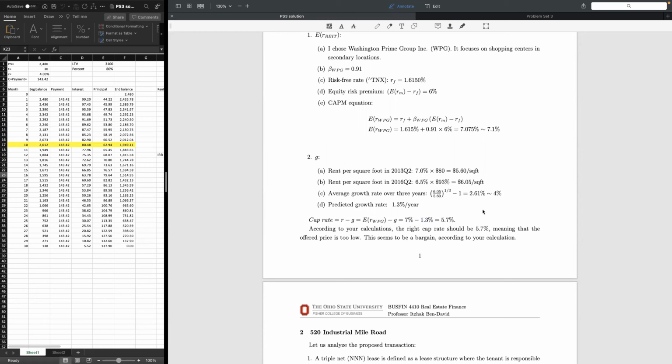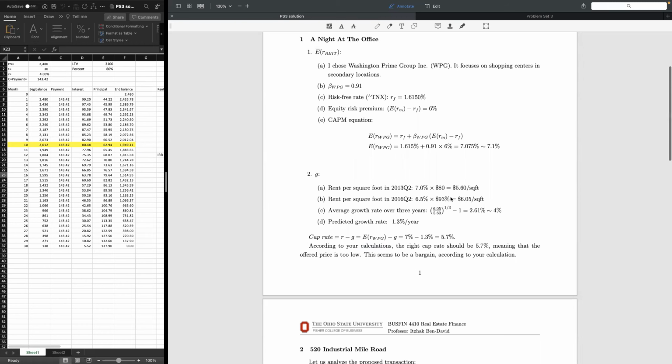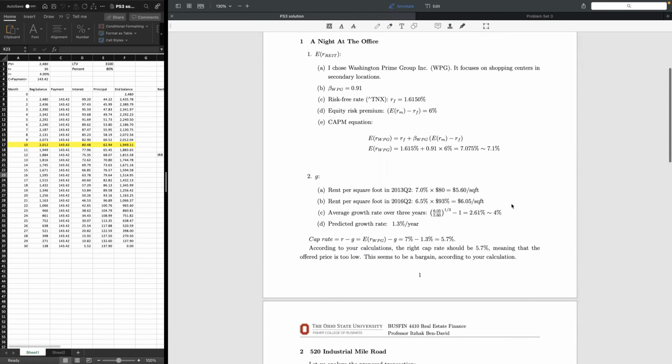That's it. And yeah, there are some discussions saying the offer price is too low because the rational or the correct cap rate should be even lower. Yeah, this is for the first question.